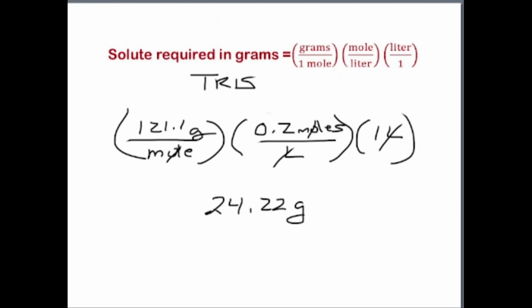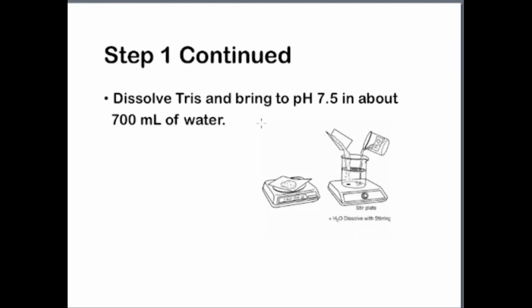So then what do we do with that? Okay, well, we go to our lab, we weigh it out, and we dissolve it in water. We dissolve that powder in water, but not the full liter that we want, only 700 mils at this point. The other thing we're going to note here is that this pH needs to be 7.5.